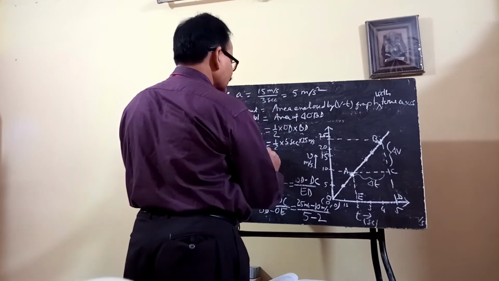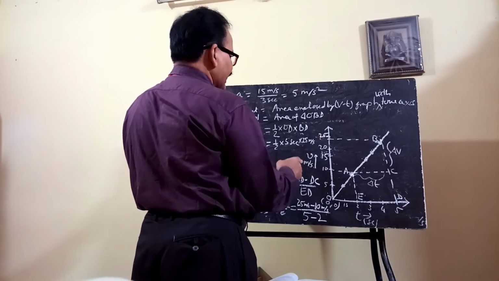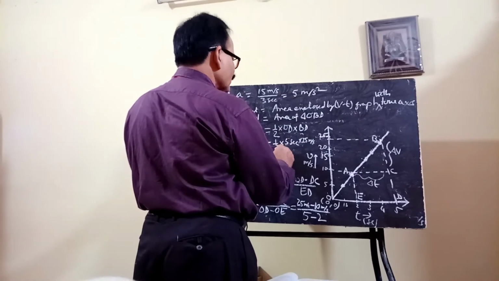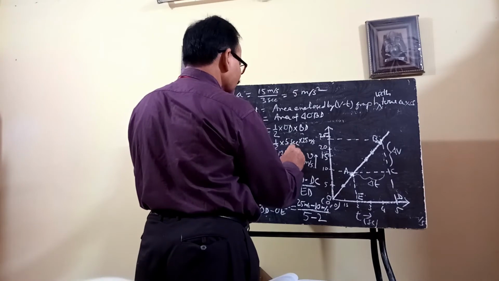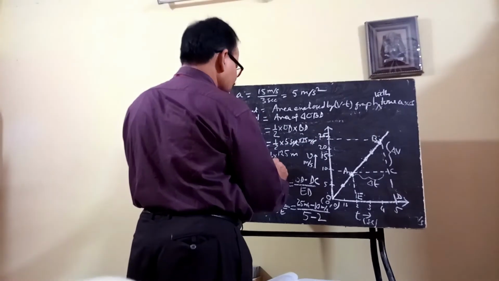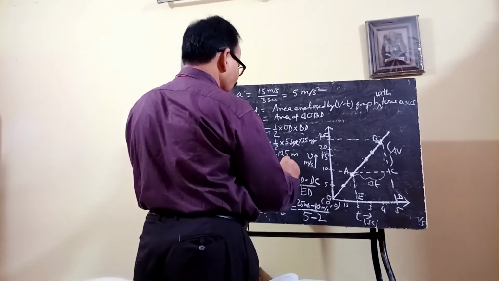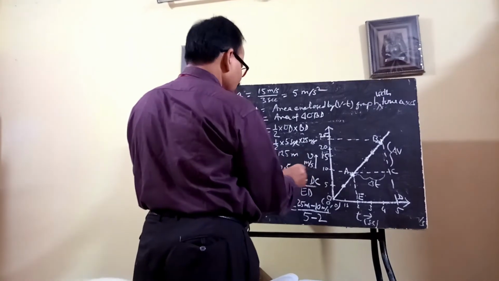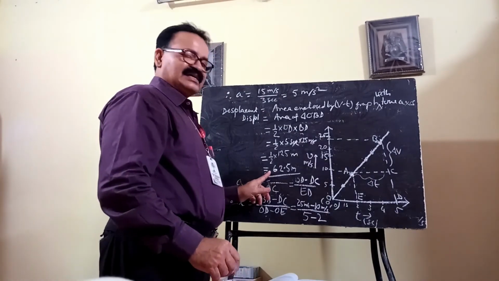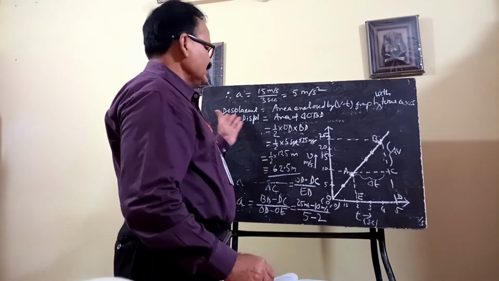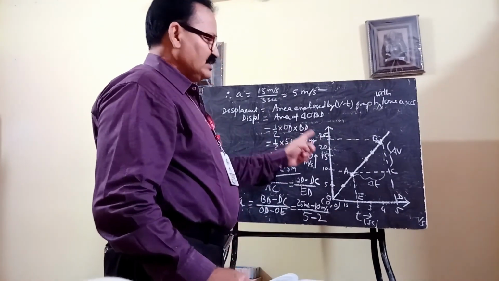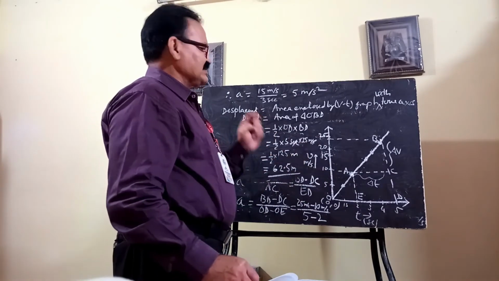So this is your area, half into 125 meter, second cancels. So this will be 62.5 meter, the displacement covered according to the velocity time graph, and the body undergoes uniform acceleration.